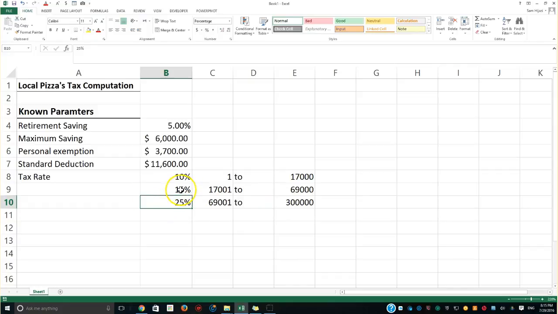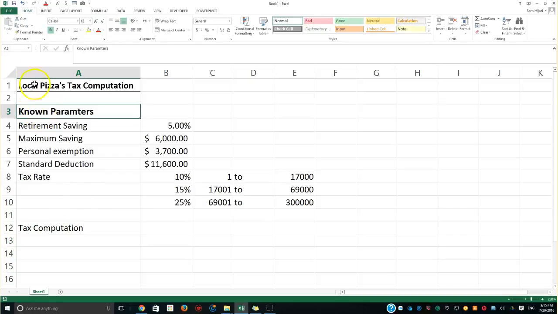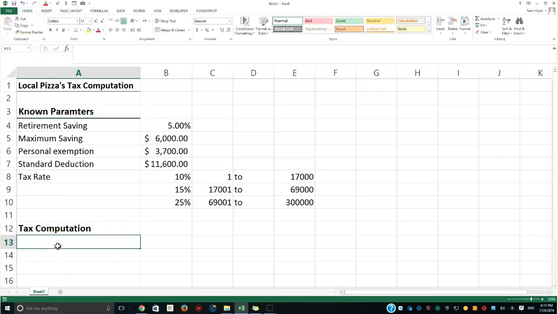Of course, before we come to their taxable income, we have to go through the calculation of the deductions and all that stuff. So let's do the tax computation. Here it is. We're going to copy this by using the format painter, and we'll say the total income.